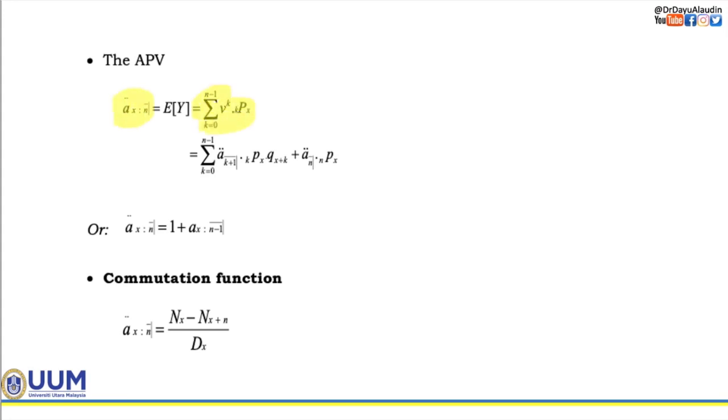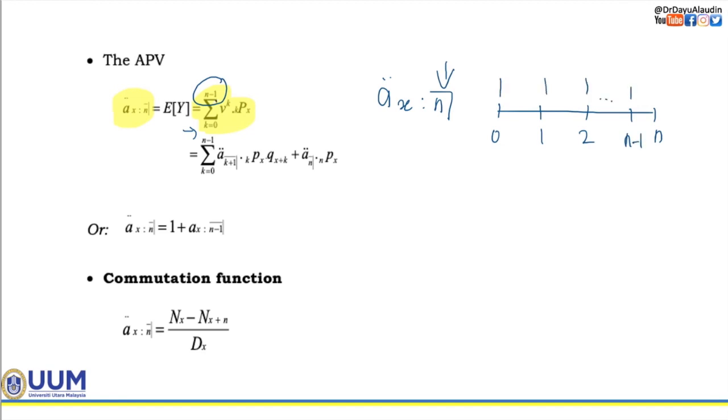So this is how we write down the notation, because we have a term of n years. The upper bound is n minus 1, and we start from 0 since it is annuity due. The payment will be until n minus 1. That's why the upper bound is n minus 1. So this is the relationship between annuity due and annuity immediate.